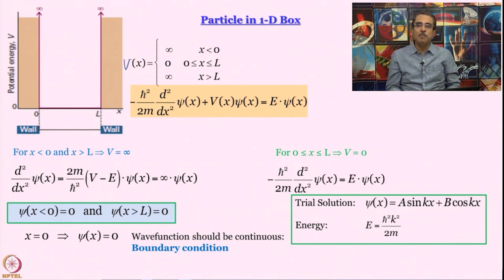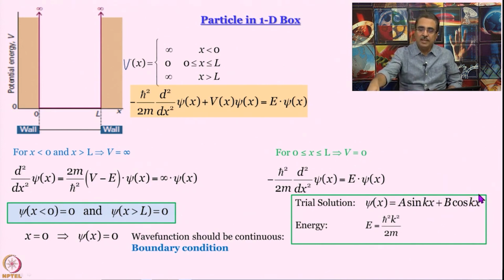Now, if we put 0 in the expression of the wave function, what do we get? A sin k0 plus b cos k0. What is sin k0? Sin k0 is equal to 0, and what is cos k0? That is equal to 1.